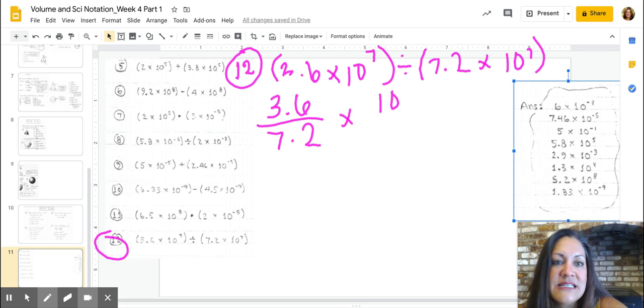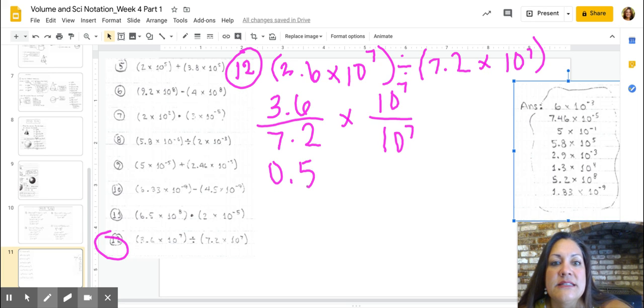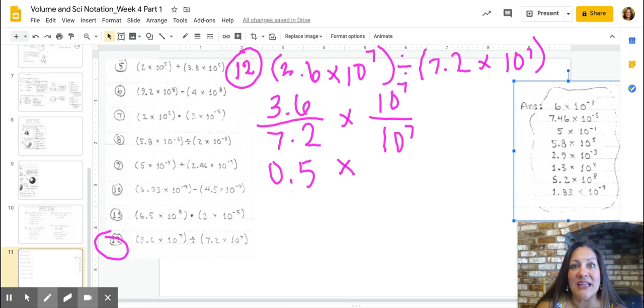Then we have 10 to the 7th divided by 10 to the 7th. Let's work this out. 3.6 divided by 7.2 equals 0.5. And then look at this. 10 to the 7th divided by 10 to the 7th obviously is 1.